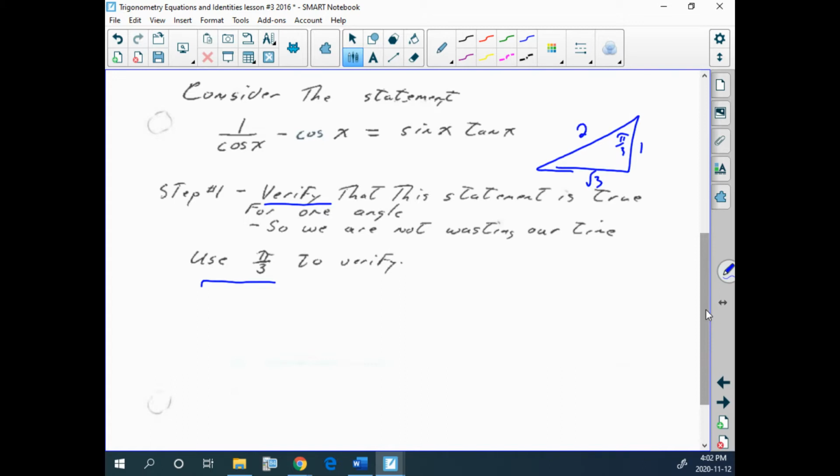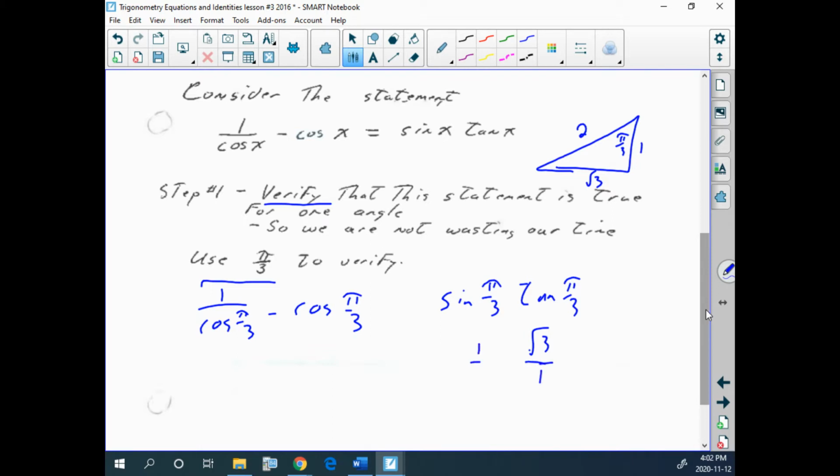So I want to see if 1 over cos pi over 3 minus cosine pi over 3 is the same as sine of pi over 3 times tangent of pi over 3. So tangent is opposite over adjacent. So pi over 3, that's square root 3 over 1. Sine is opposite over hypotenuse.